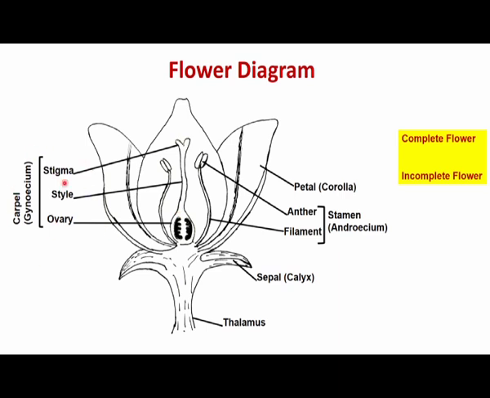Similarly, we have the gynoecium. The gynoecium is the innermost whorl of the flower appendages known as the carpels. So, carpel is actually the female sex organ. It contains three parts. One is called the stigma, the style, and the inner part is the ovary.